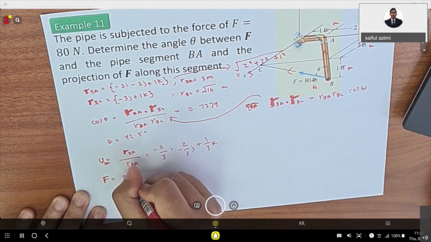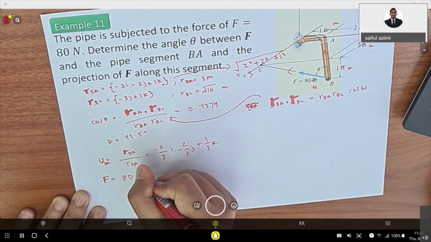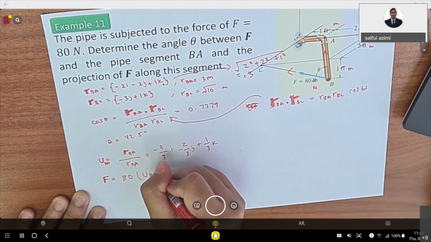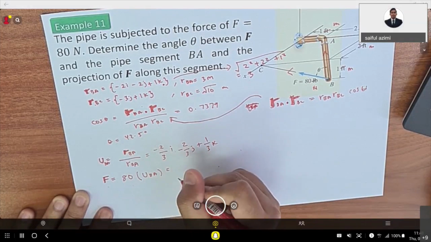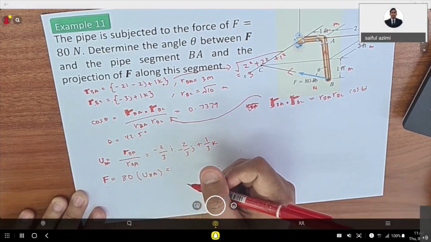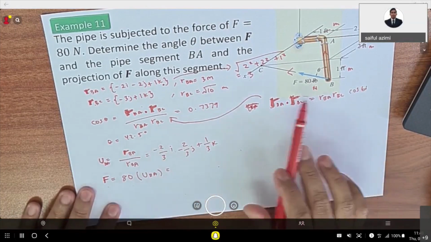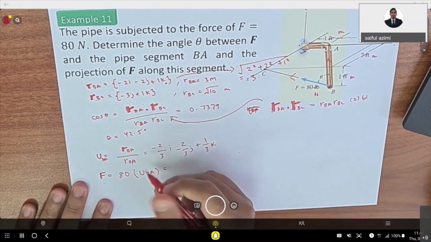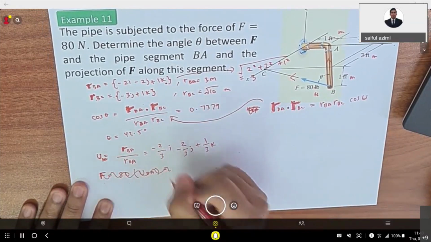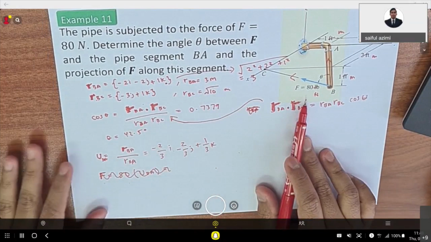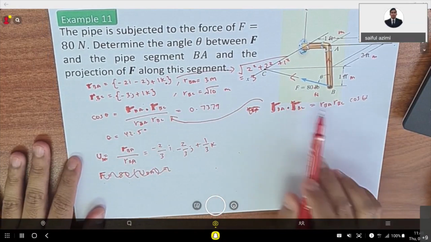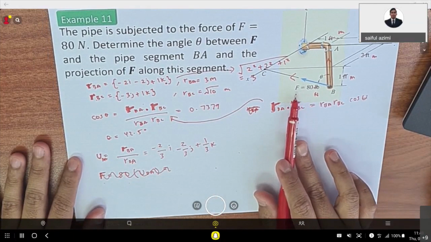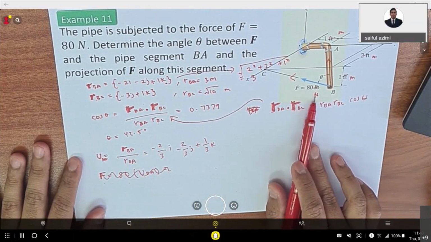So 80 multiplied by the unit vector here, UBA. I'm sorry, for this one it's not UBA. This is the magnitude, F, 80 Newton.